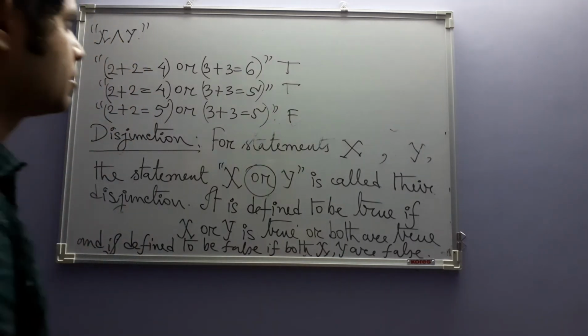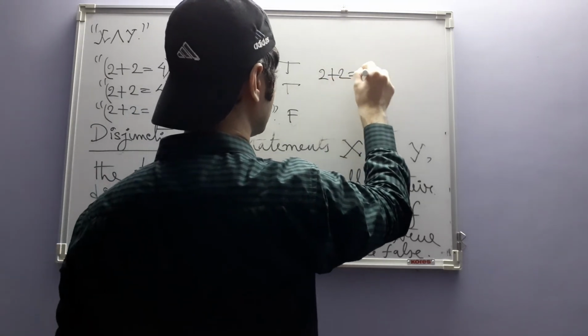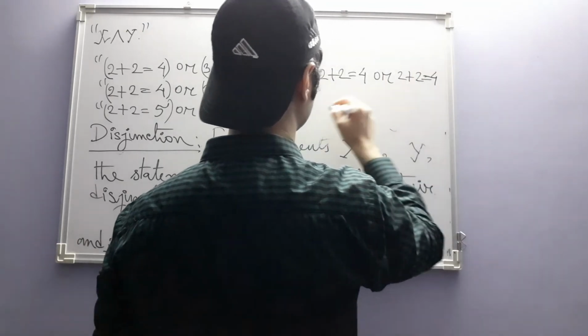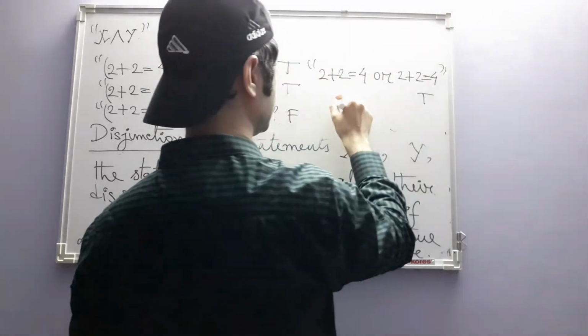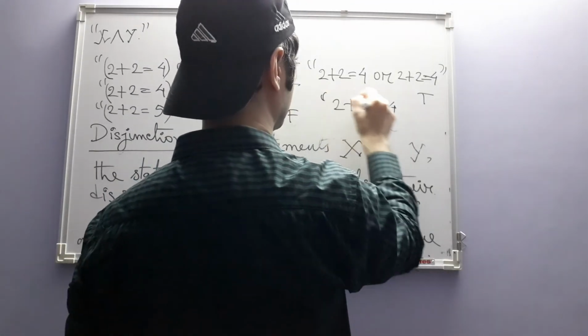Now, just like the previous example, here also we can have x or 2 plus 2 equal to 4. We can consider this. This is true and it is nothing but this simple statement 2 plus 2 equal to 4.